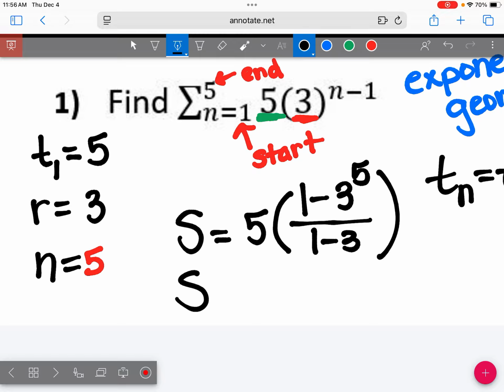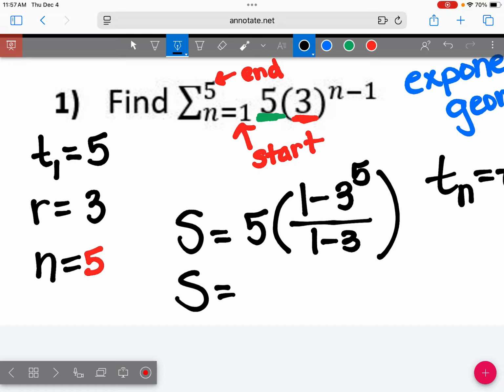All right, go ahead, type that in your calculator, see what you get. Okay. All right, what did you all get? Wait, what? 605. Who got 605?